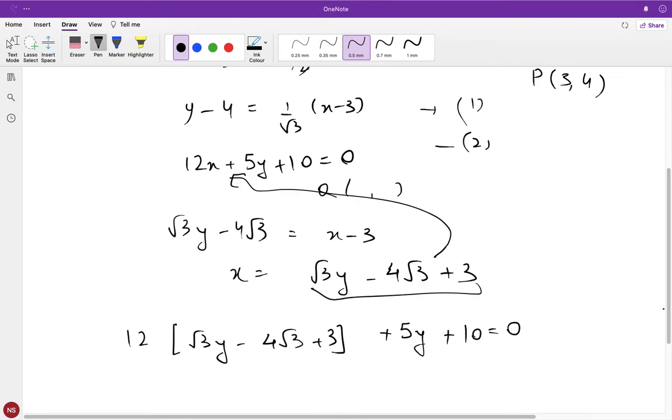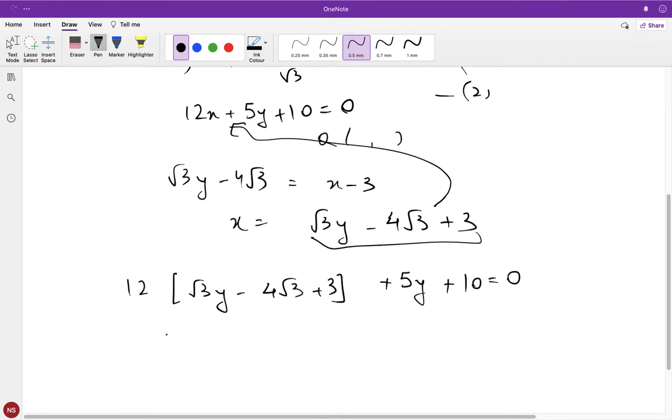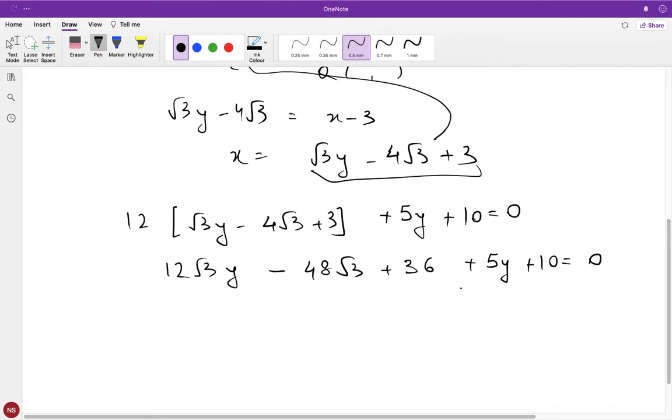Just a very easy problem, only wasting time. Minus 48 root 3 plus 12 times 3 is 36. Also, please make sure when you are solving these easy questions, you don't make mistakes. Otherwise, your time and money is wasted. 36 and 10 is what?